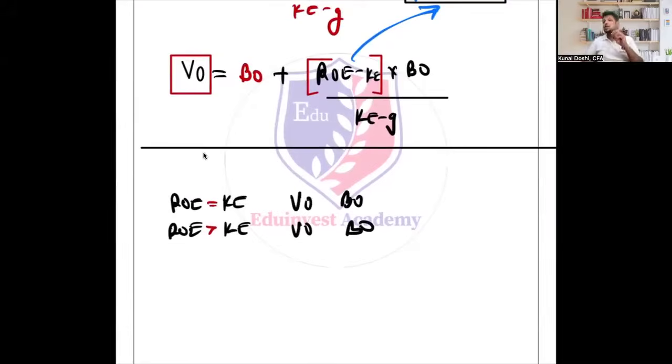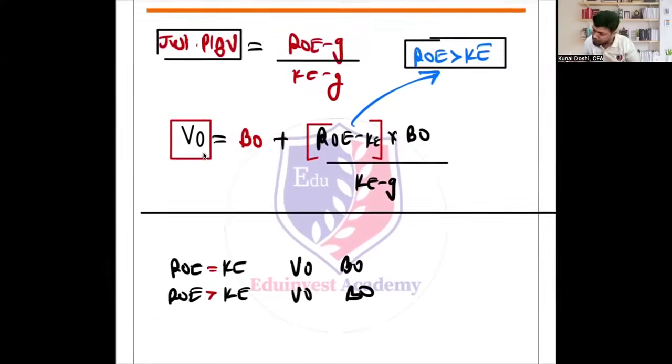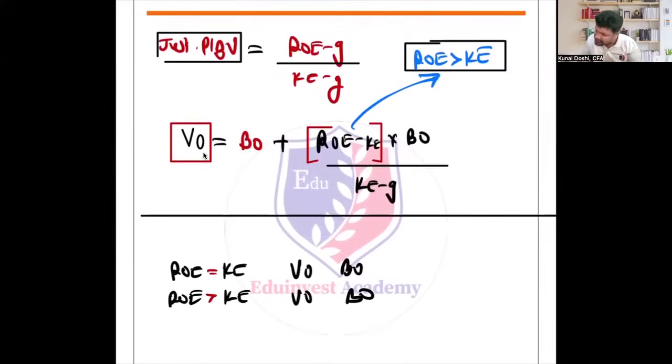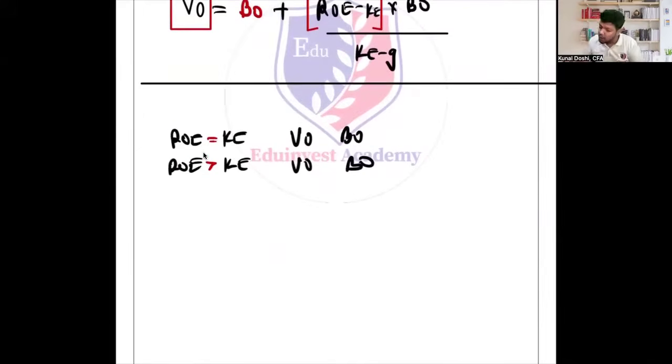If the ROE is equal to cost of equity, guys, these two components will set off each other. It will become zero. The second component, present value of continuous residual income, will be zero. So the current value of the company, intrinsic value, will be equal to book value only. But if it is positive, then the current value of the company will be higher than the book value. Similarly, what with the justified price to book value ratio?